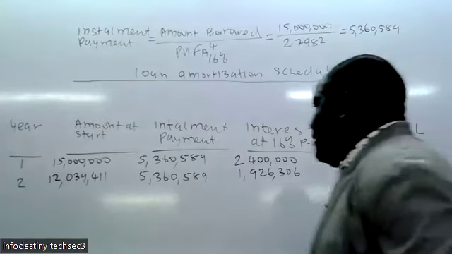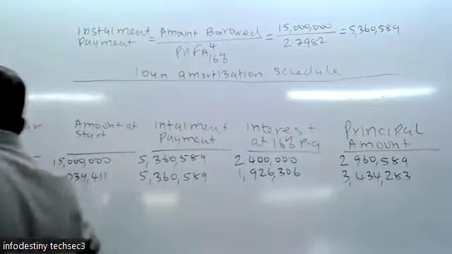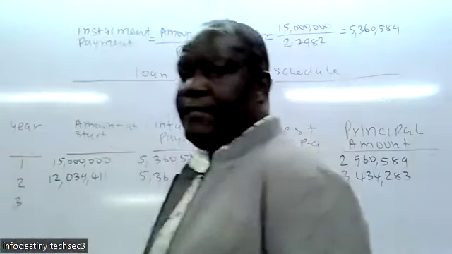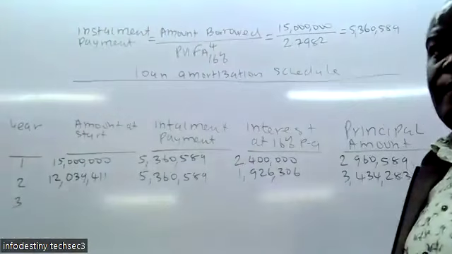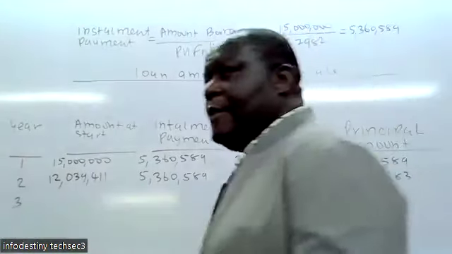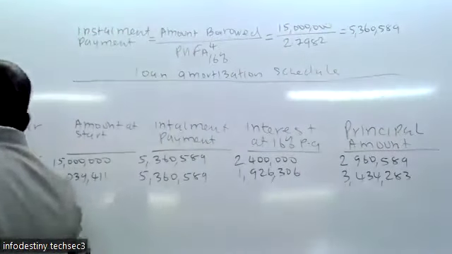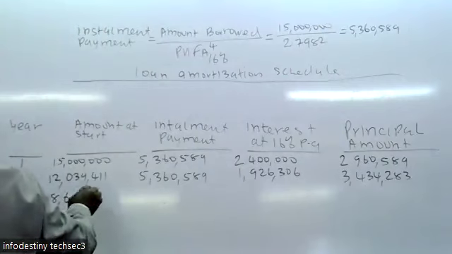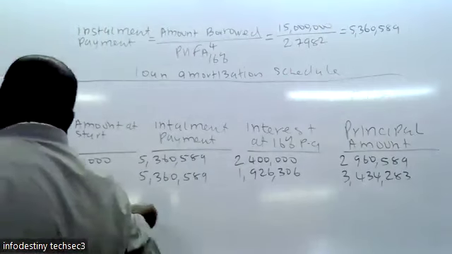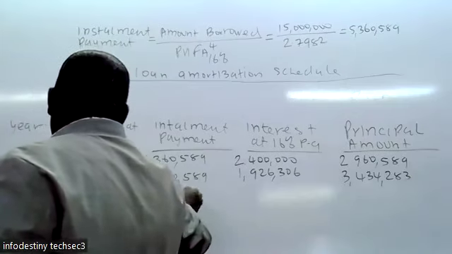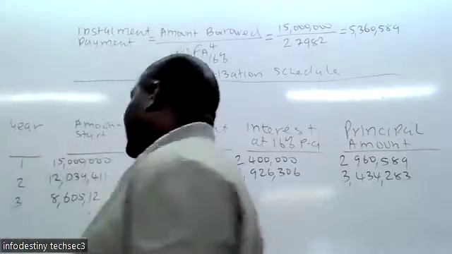Now subtract this from this figure to get the amount at the start of year 3. The installment will remain.